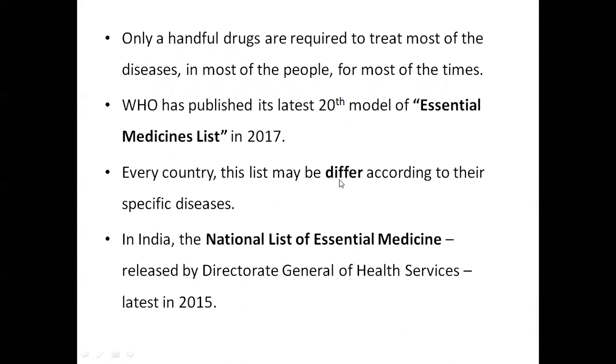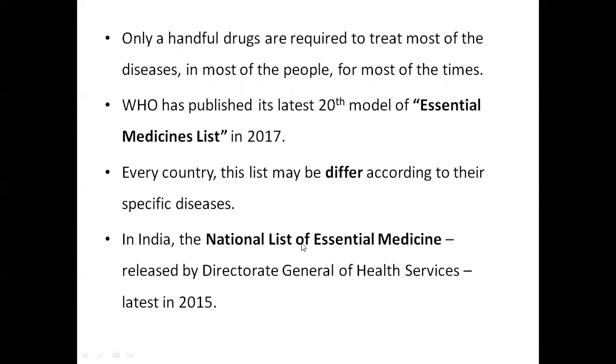It may differ from other countries because in India there are more snakes, so we are using anti-snake venom, but in New Zealand there are no snakes. So for them it might not be necessary, but for a country like India, we need anti-snake venom. So this list will vary from country to country.